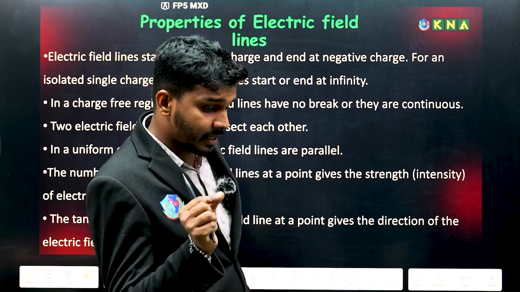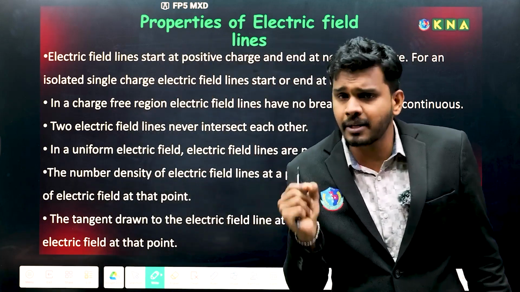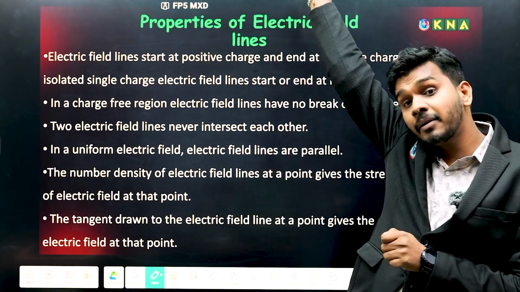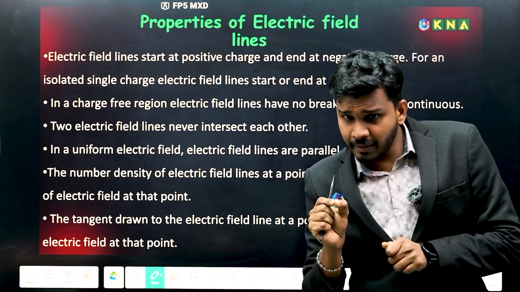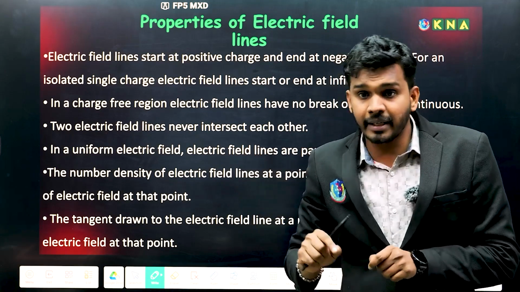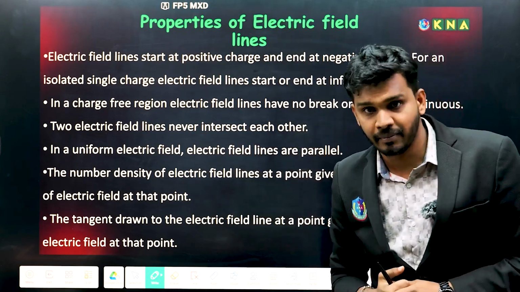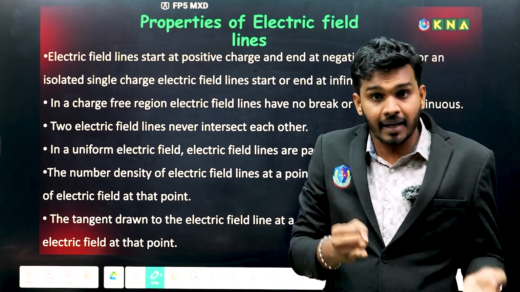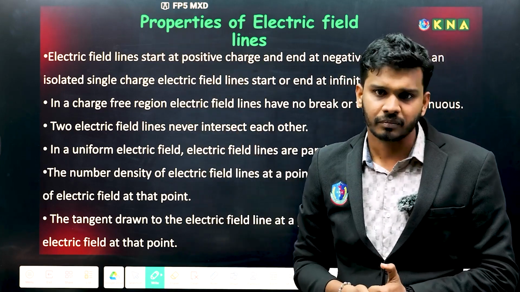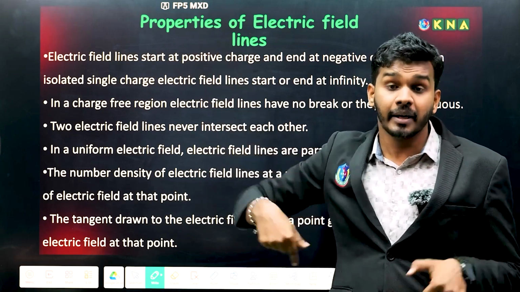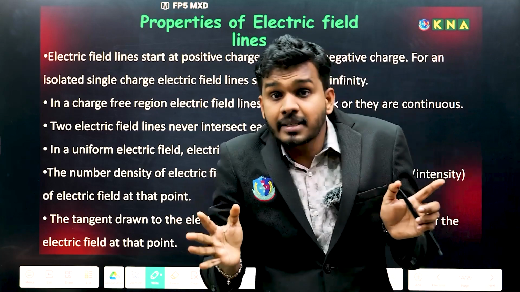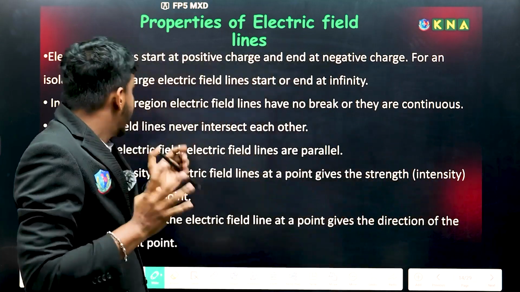If it is a positive charge only, it starts from the positive charge and ends at infinity. If it is a negative charge only, it ends at the negative charge and starts at infinity.